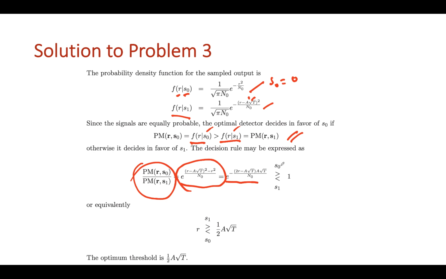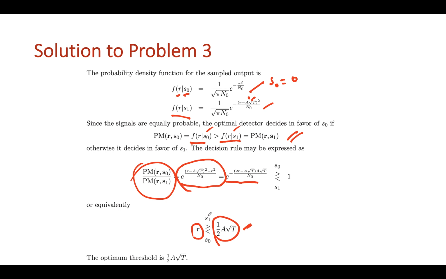So in other words, if we take the logarithm of two sides, we get this value. And the threshold is basically given by this term. So you are essentially trying to find out whether your received signal is greater than this threshold.